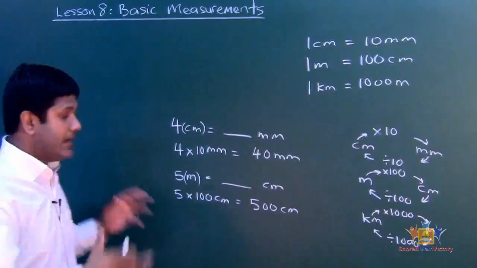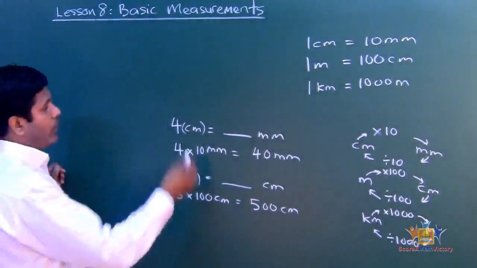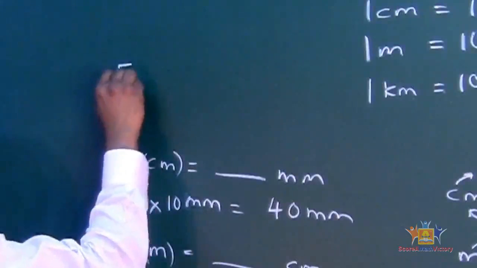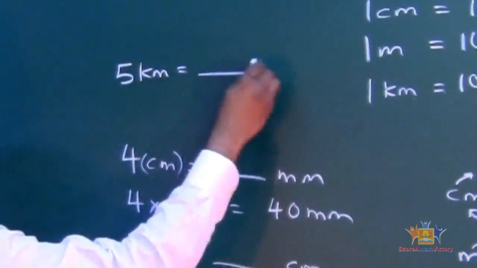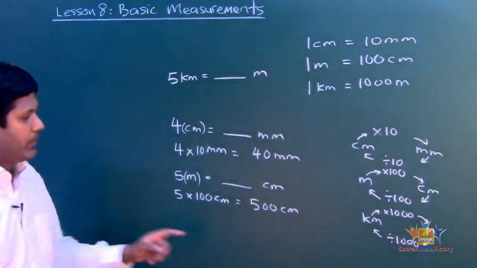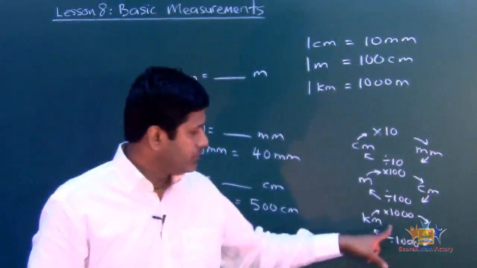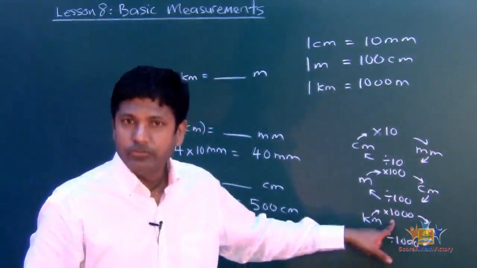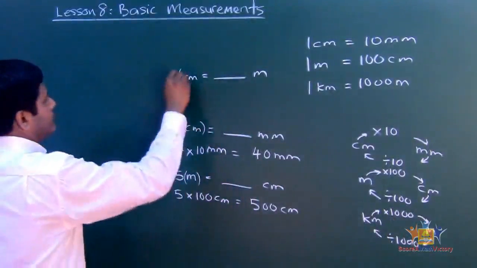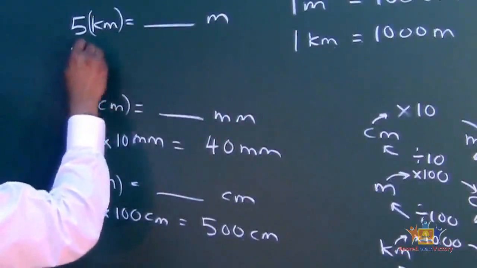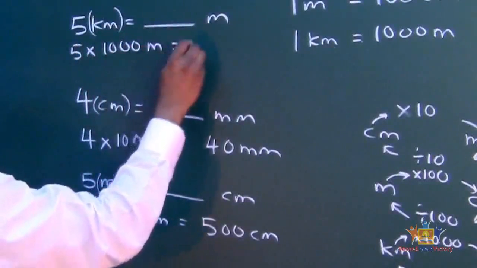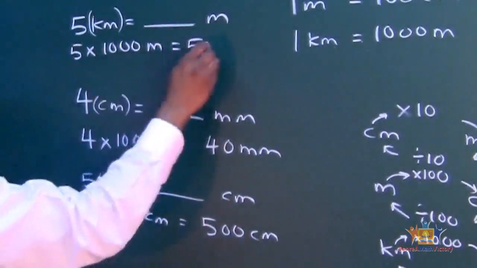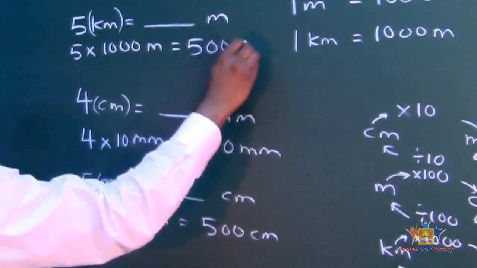Very straightforward. Now if I ask you 5 kilometers equals how many meters? Kilometers to meters, I multiply by 1000. So I say 5 times 1000 meters. Put the 3 zeros behind it: 1, 2, 3.